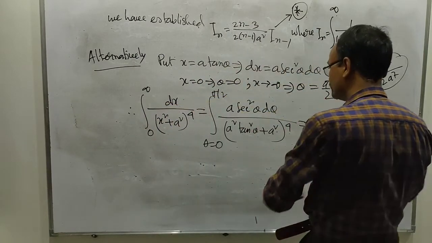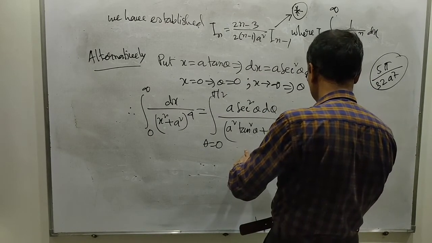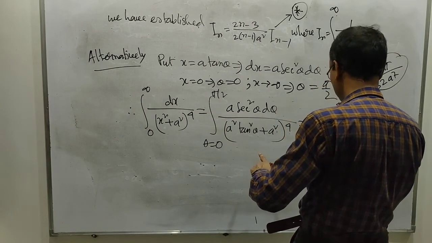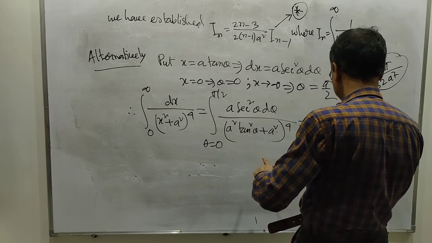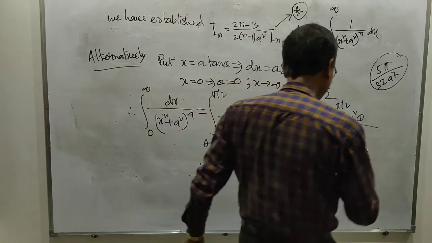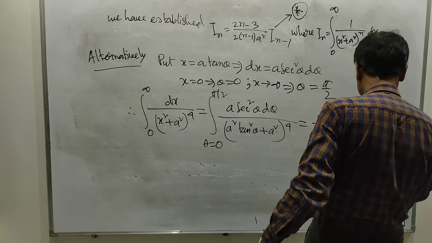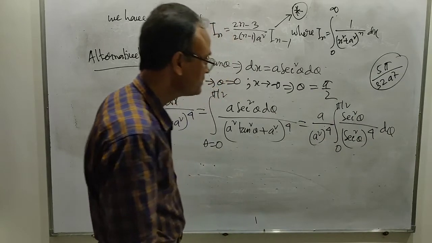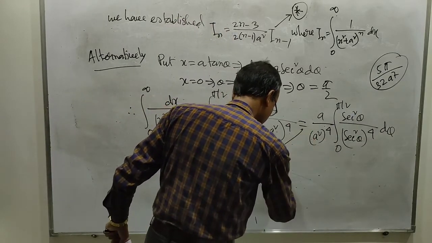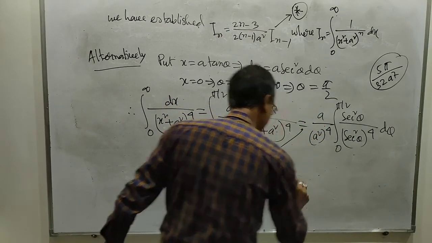This is equal to a divided by a square whole to the power 4, integration 0 to pi by 2, sec square theta, it will be tan square theta plus 1, whole to the power 4, sec square theta whole to the power 4, right? This is equal to a by a to the power 8, means 1 by a to the power 7.